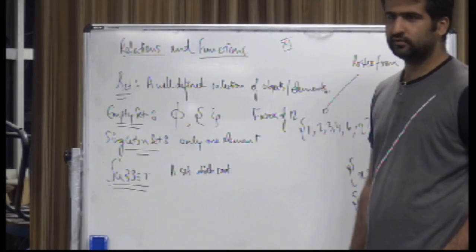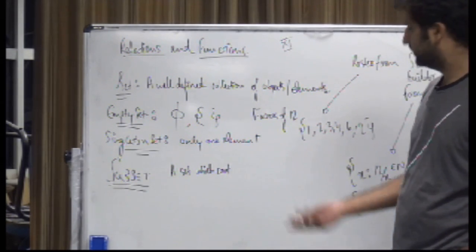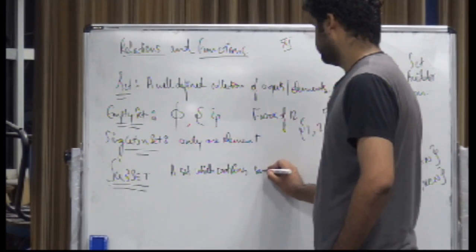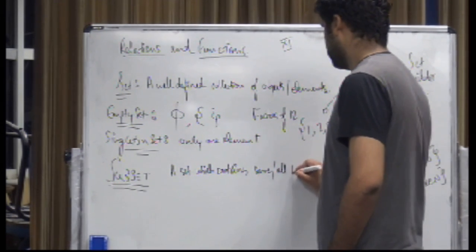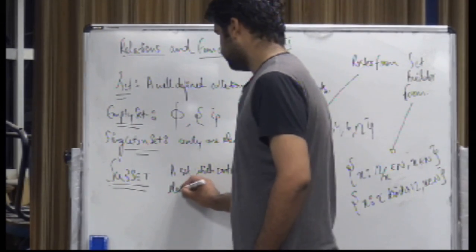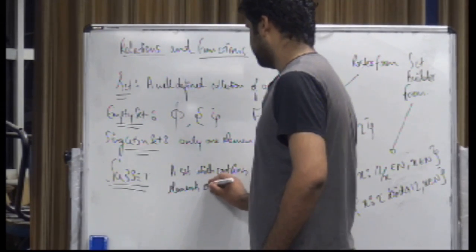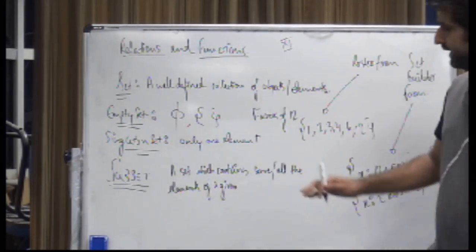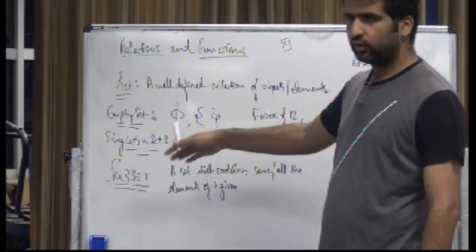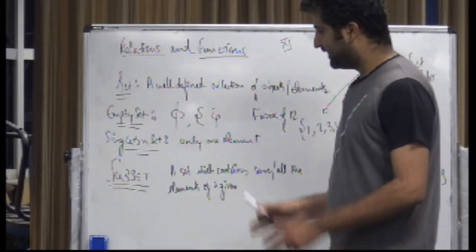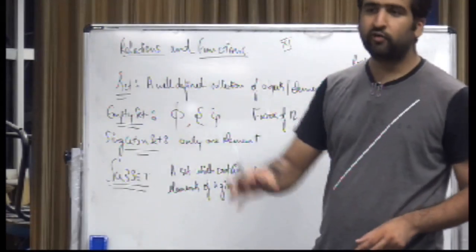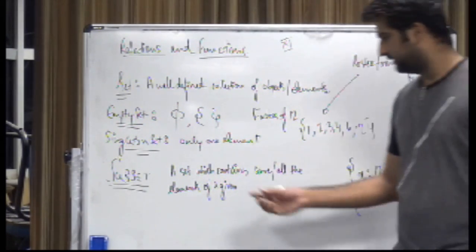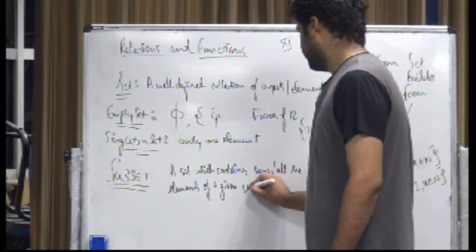A set which contains some, all, or maybe none of the elements of a given set. Now see, a subset by itself has no definition. It has to be linked with a bigger set, right? So we can say that A is a subset of B. We cannot just say that A is a subset. That makes no sense.